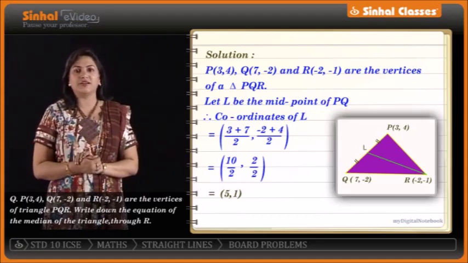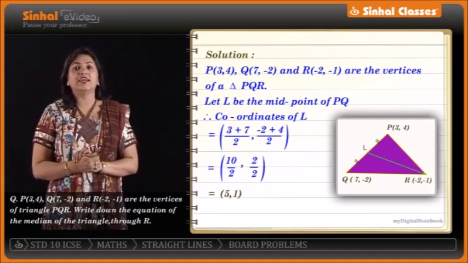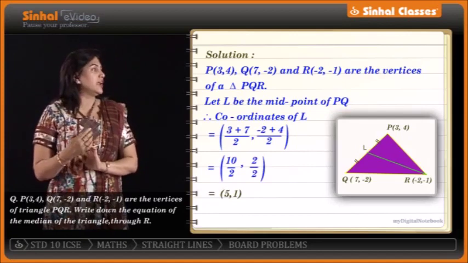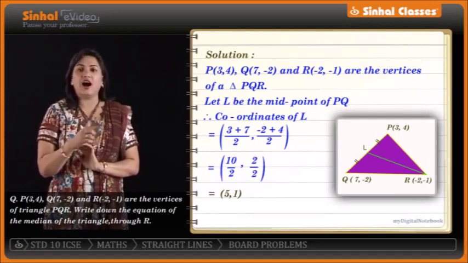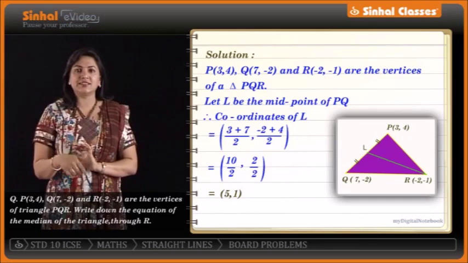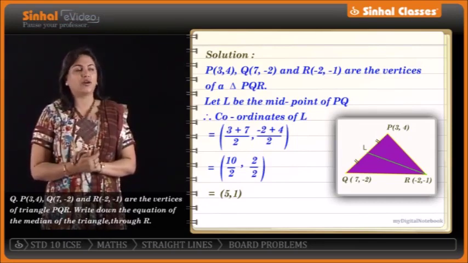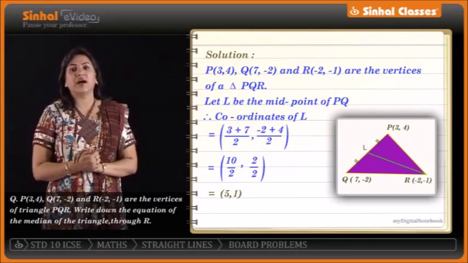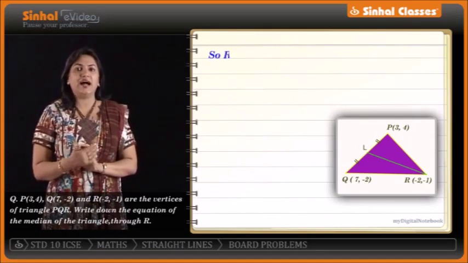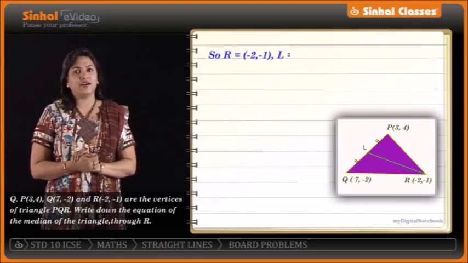So we've got the coordinates of the point L. Now we need to find the equation of RL. That is, we must know the slope of line RL. Now we have the coordinates of R as (-2, -1) and L as (5, 1).